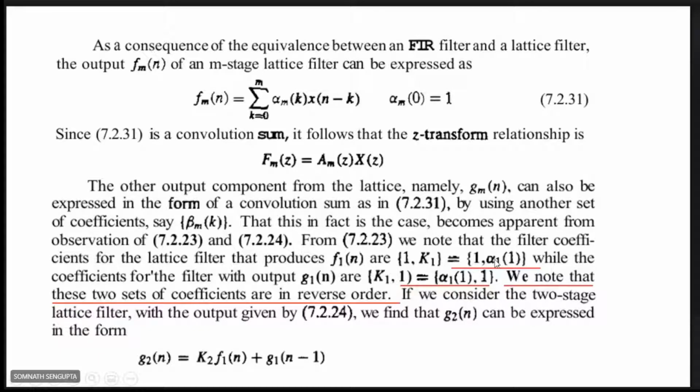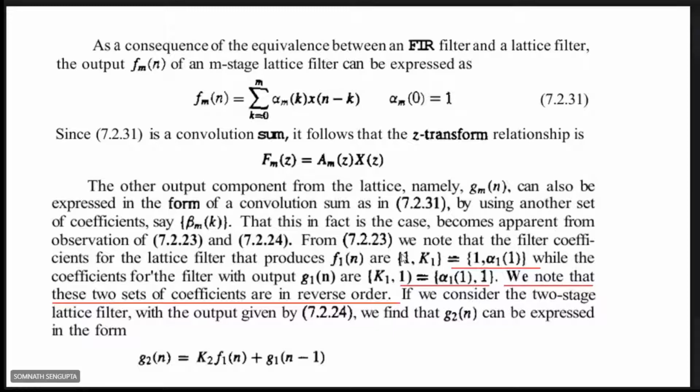The filter coefficients for the lattice filter that produces f1n are 1, K1, which was equal to the FIR filter coefficients 1, alpha 1. This is for the main output f1n, the first output of the lattice filter.